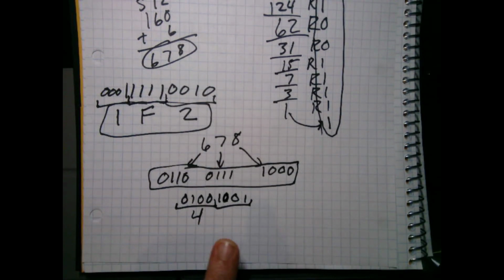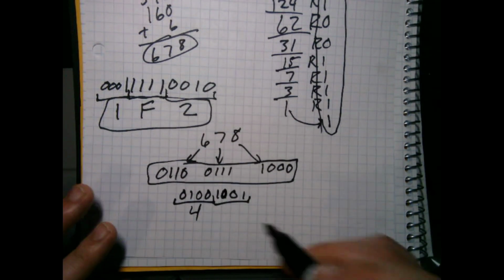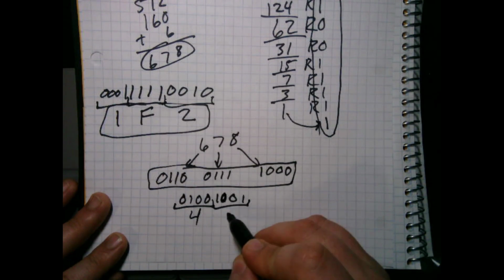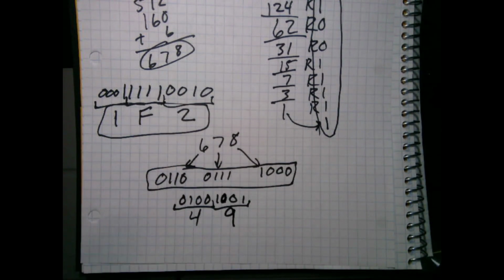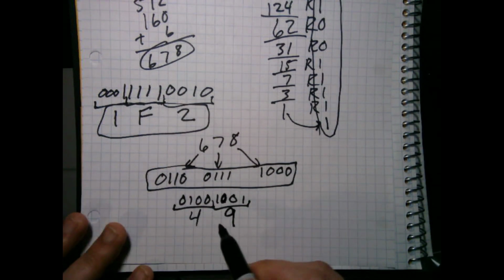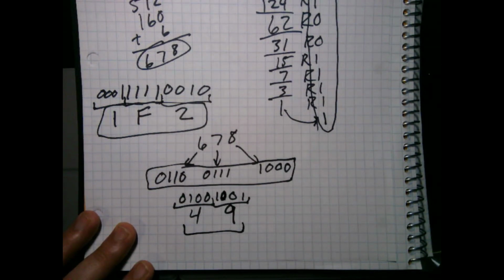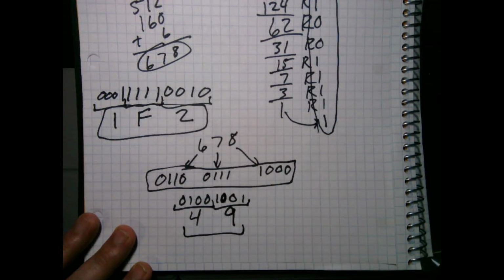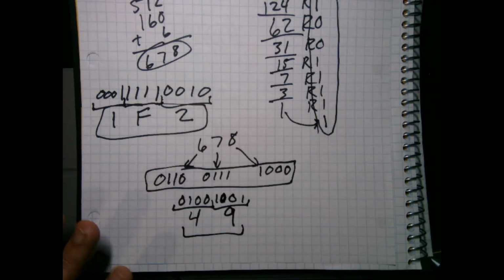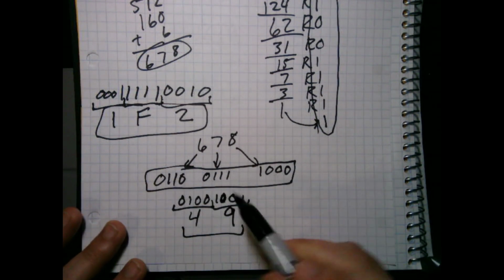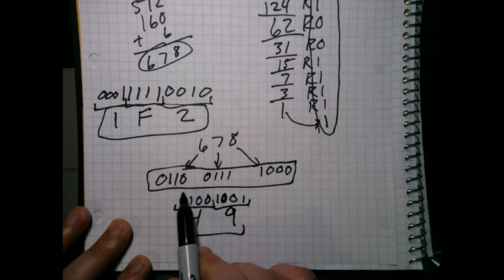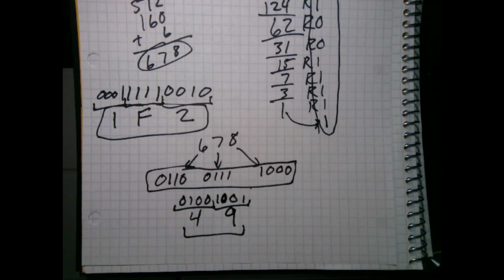So now we have 1, 0, 0, 1, which is 9. And that is a valid BCD number. 4, 9. And if we were to take the number 49 and convert it into BCD, this would be the set of bits.